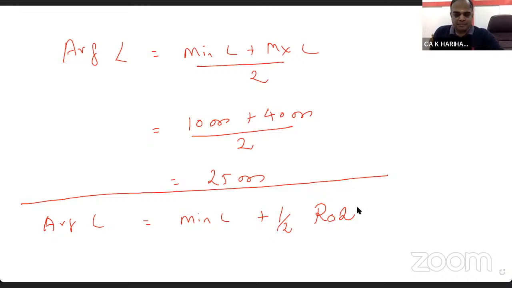Yes, good. Now, 25,000, the average level, is equal to minimum level 10,000 plus half of the reordering quantity. So 25,000 minus 10,000 is equal to 15,000, which is equal to half of the reordering quantity.